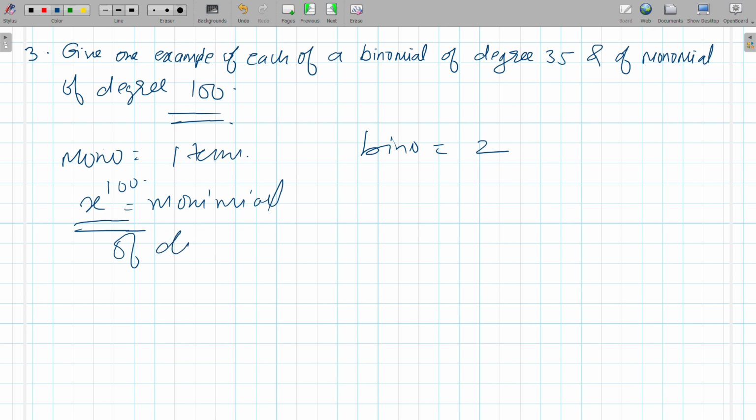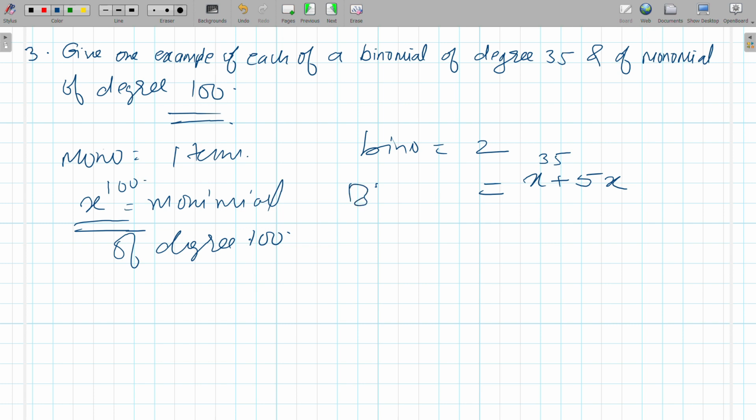of degree 100. So binomial means what? I can say x plus 5x, let me take it just to avoid any confusions. So here the degree of the binomial should be how much? 35. So x to the 35 plus 5x.